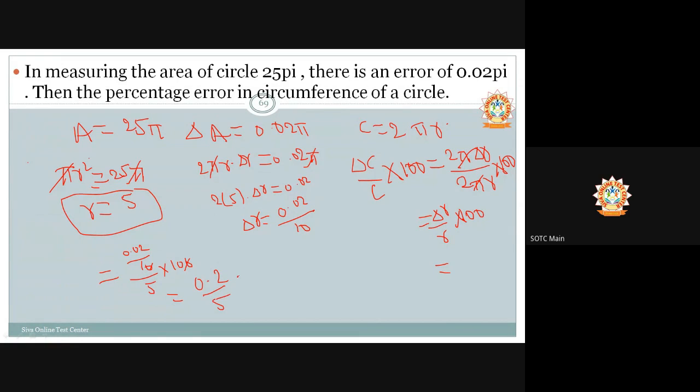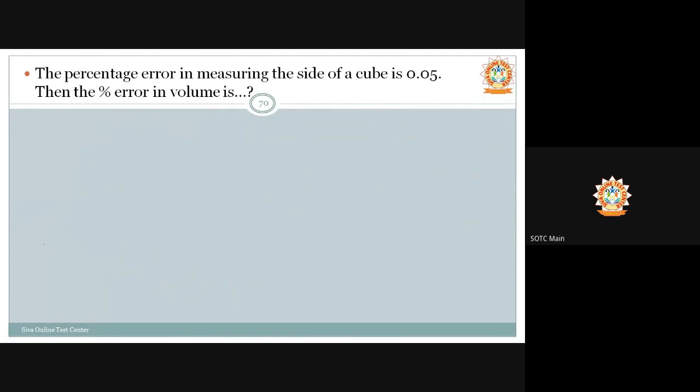So 0.2 by 5 will come to what? It is 0.04. That is percentage, because this is multiplied with 100, so it will become 0.04. This is your percentage error in the circumference of the circle. Now try to see the next question. The percentage error in measuring the side of a cube is 0.05. Then find the percentage error in volume.